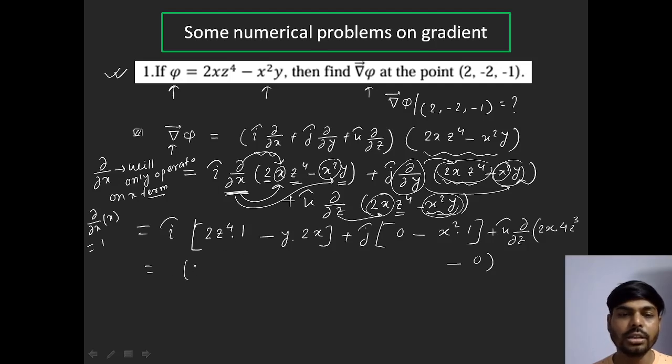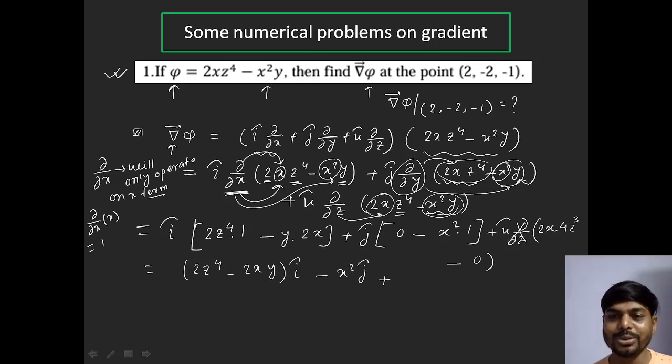You will get 2 z to the power 4 i cap minus 2xy j cap minus x square j cap, and there will be no del z term from the second part. So this gives you 8x z cube k cap, right?